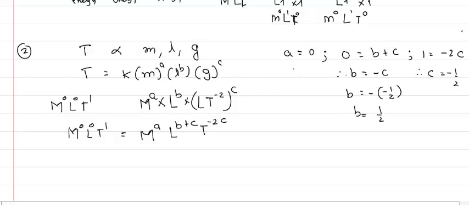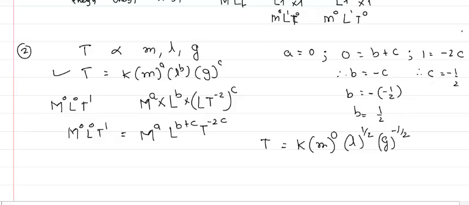So I have got the value of a, the value of b, and the value of c. And I can go back again to this equation and write down t is equal to k mass raised to a, which is 0, length raised to the power b, that is half, and g raised to the power c, and c is minus half.